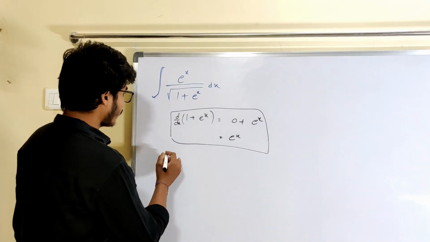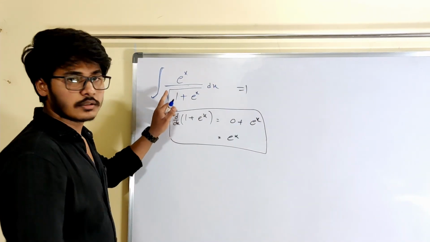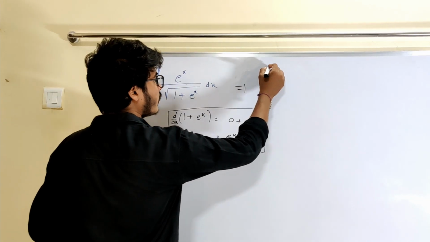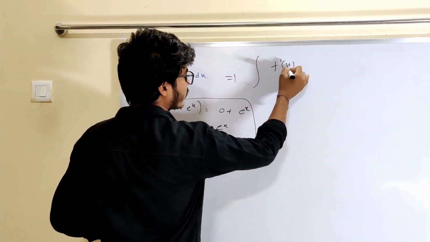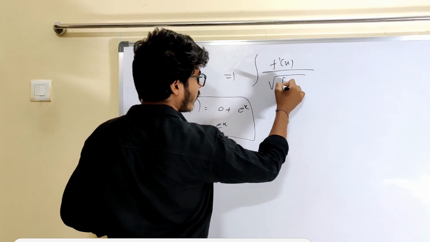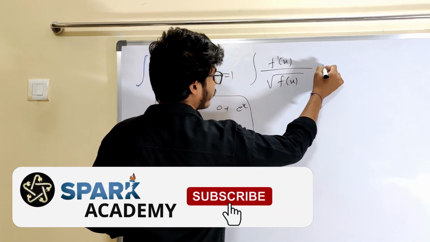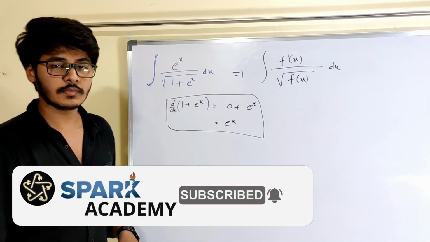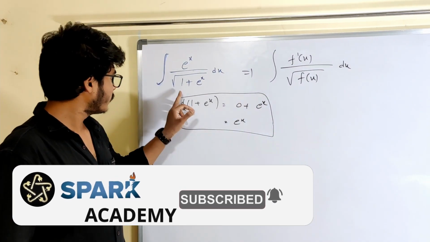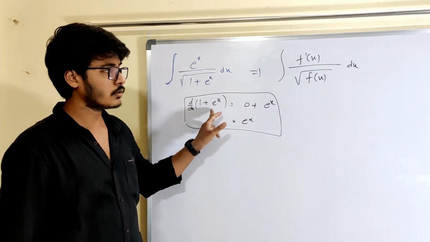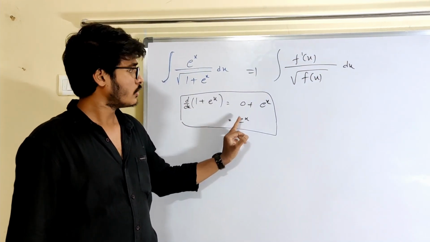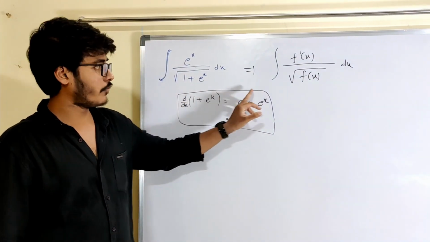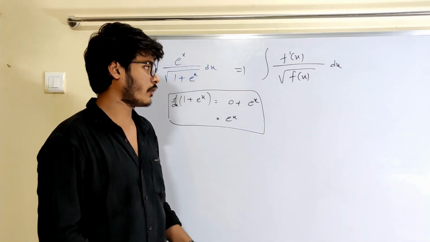Here as you can see that this question is in the form of integral f dash of x by square root of f of x dx. Here f of x is 1 plus e power x. So f dash of x is e power x.